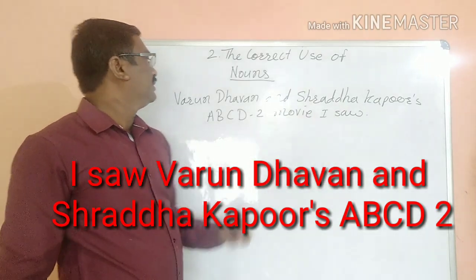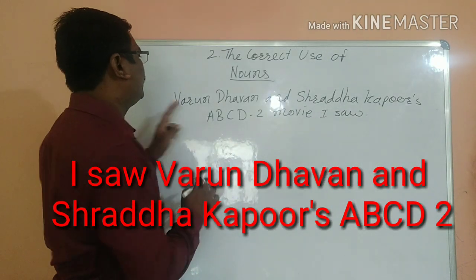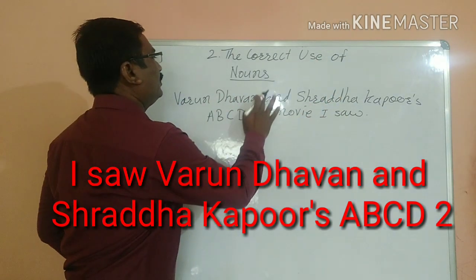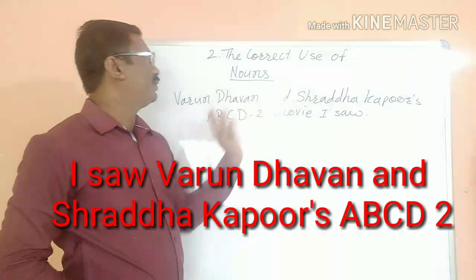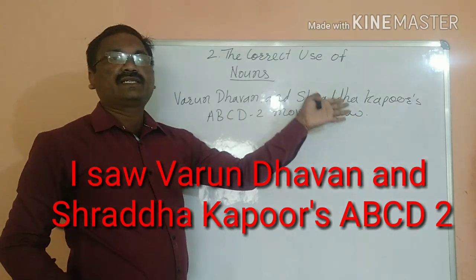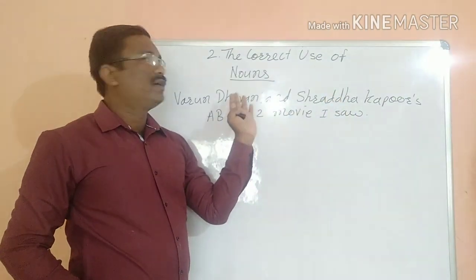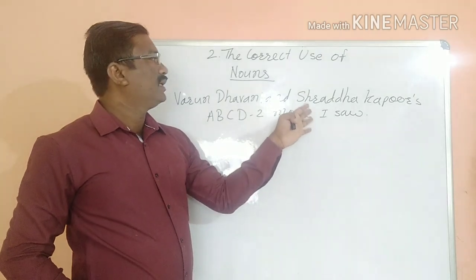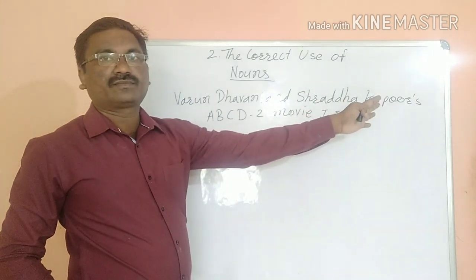Are you getting here? Just see, you should not use Varun Dhawan's and Shraddha Kapoor's. You can use Varun Dhawan and Shraddha Kapoor's ABCD 2 movie I saw, because they have done acting in one movie. That's why we can use apostrophe s on the last word.